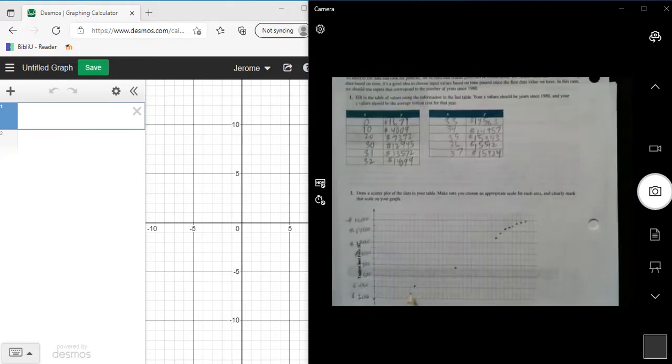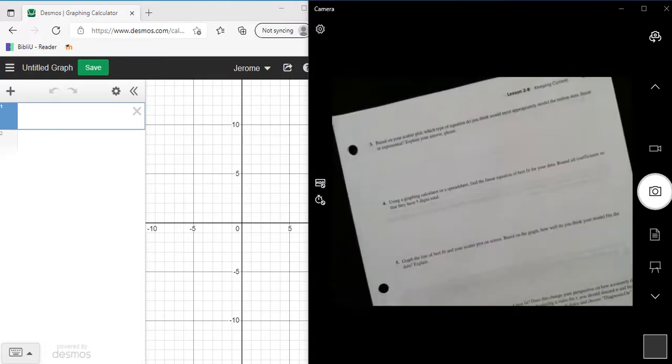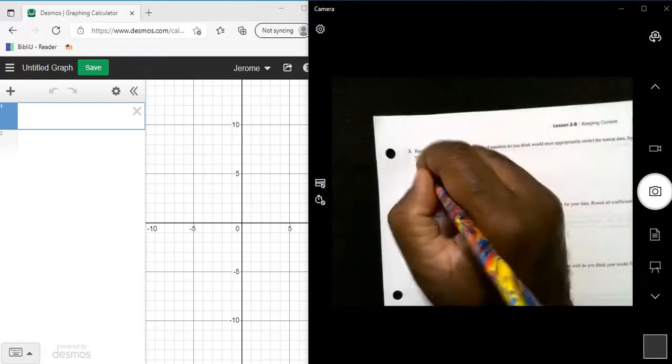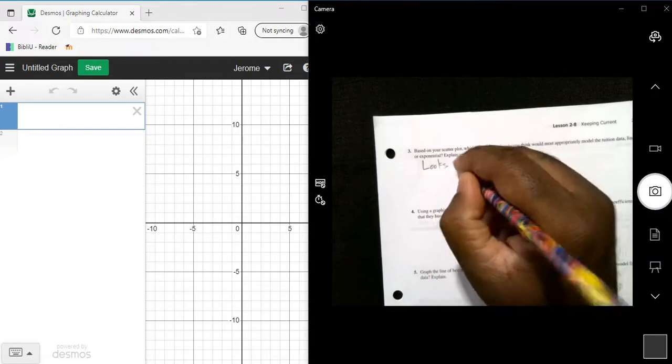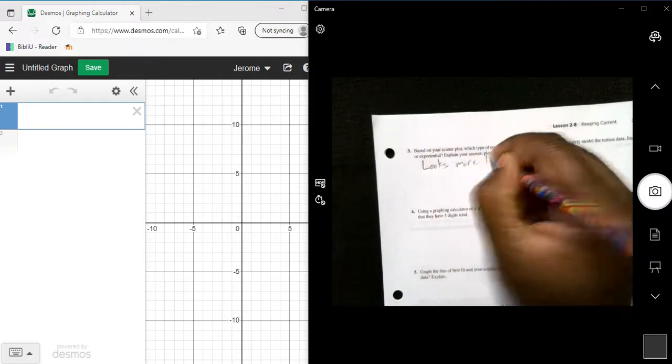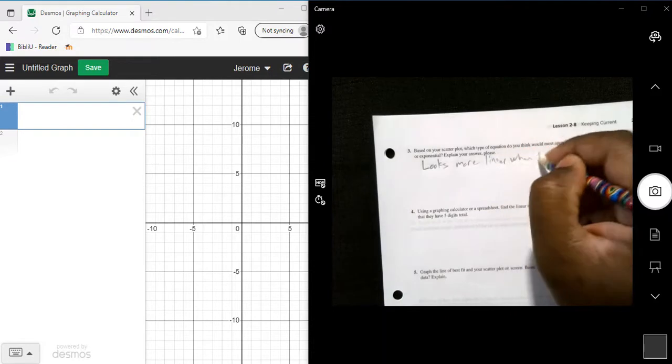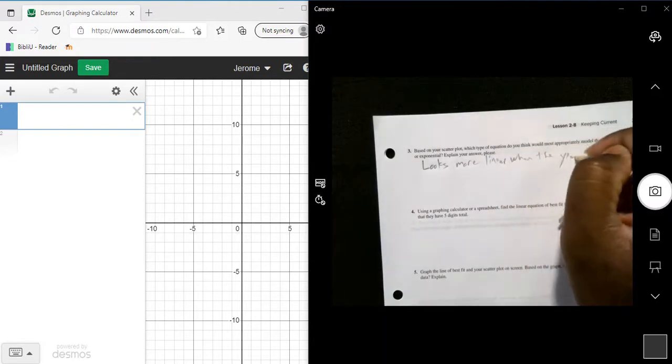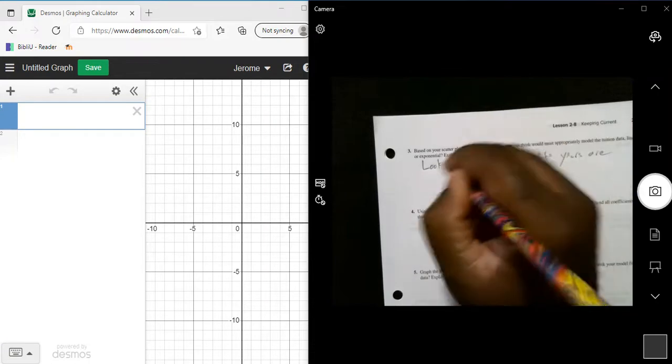It looked like it's curving a little bit, but then it also looked like it could be a straight line. So I probably would say it looks more linear when the years are closer.